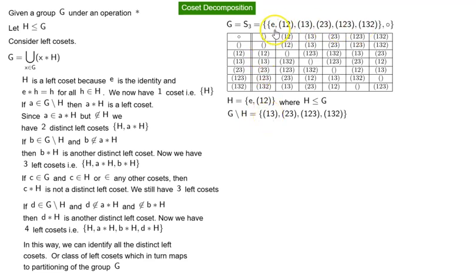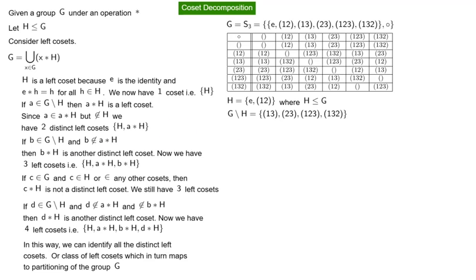Just follow through. e is there in H, so we ignore it. Permutation (1 2) is there in the subgroup, so we ignore it. So the remaining will be the elements which are in G but not in H.